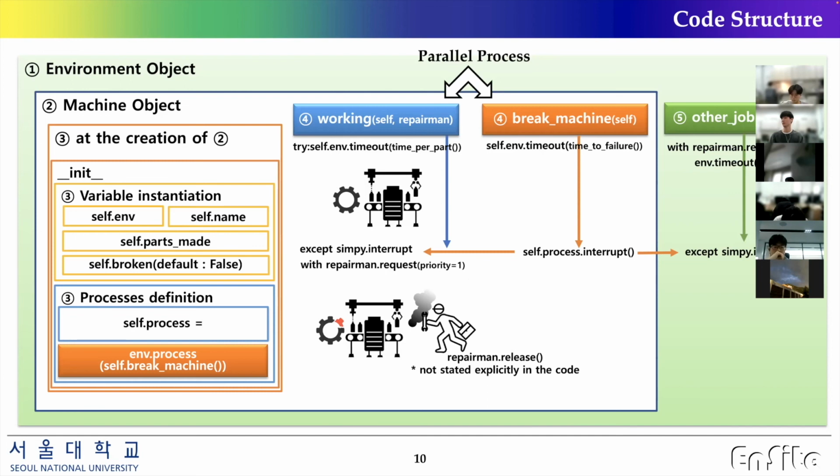But in the new version, meaning the current version, version 3 and version 4, there is no more need to use this release explicitly, because after the completion of this job, this resource is released automatically without an explicit release function. We come back to the other jobs again and do the jobs with the remaining times.